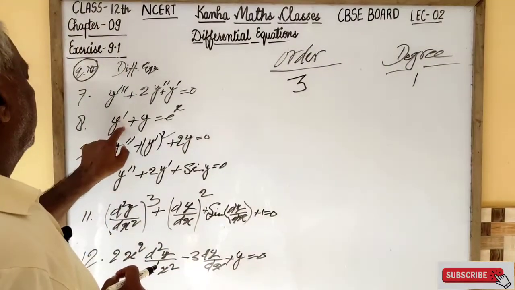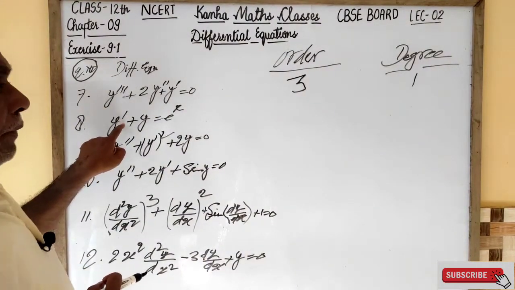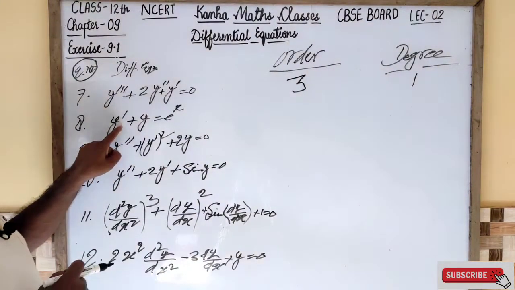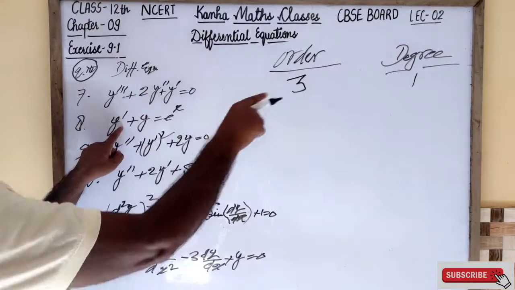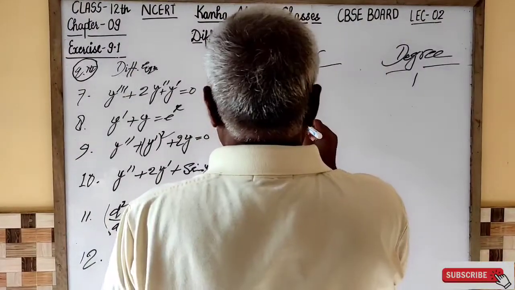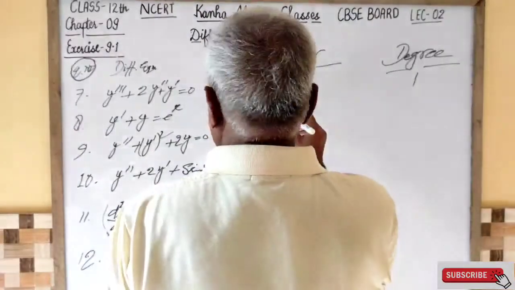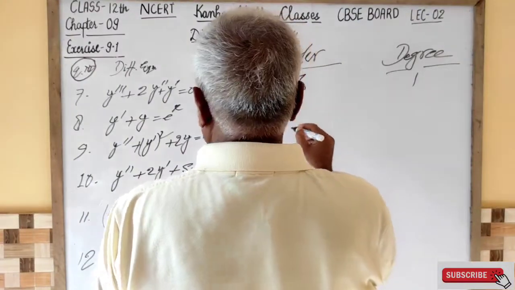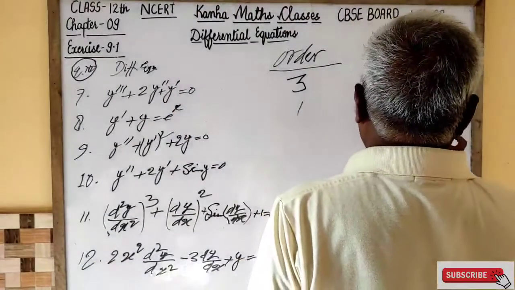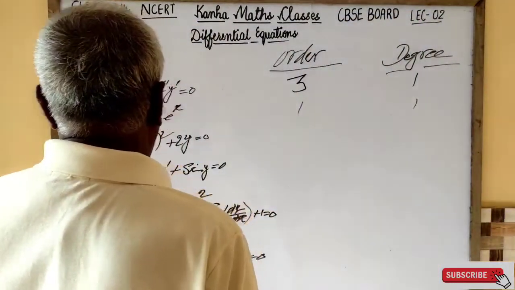Clearly you see that the order of this differential equation is 1 and the power is also 1, so the degree is 1. Hence the order of the differential equation under question number 8 is 1 and the degree is also 1.